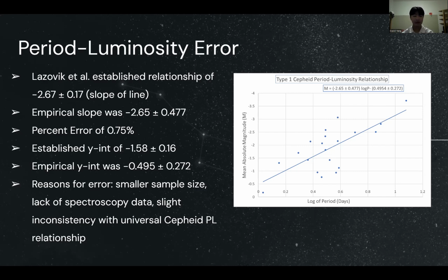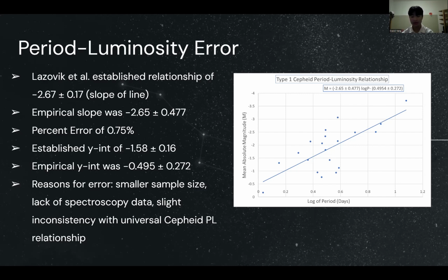And so there are a couple different reasons for this error. One is that we used a smaller sample size. We only used 20. And so there's a chance that this sample wasn't a good representation of all the Cepheids out there. In addition, we didn't have any spectroscopy data from Gaia. And why this is important is there's actually two different types of Cepheid variables. There's type 1 and there's type 2.